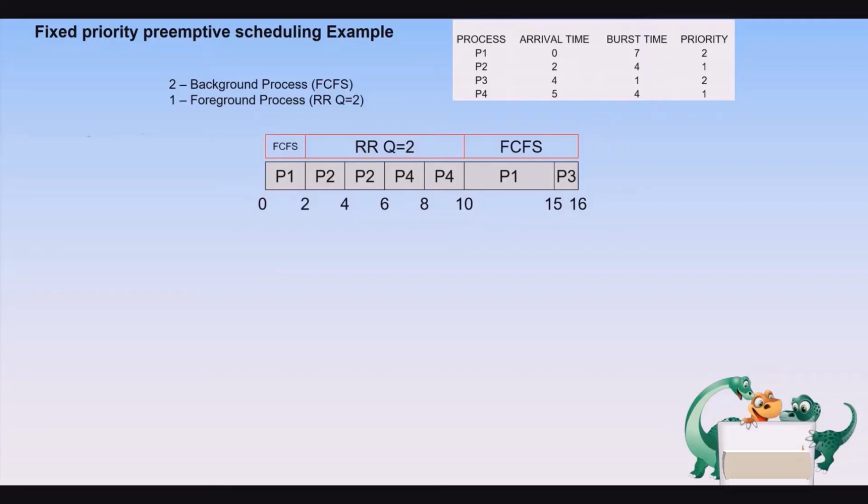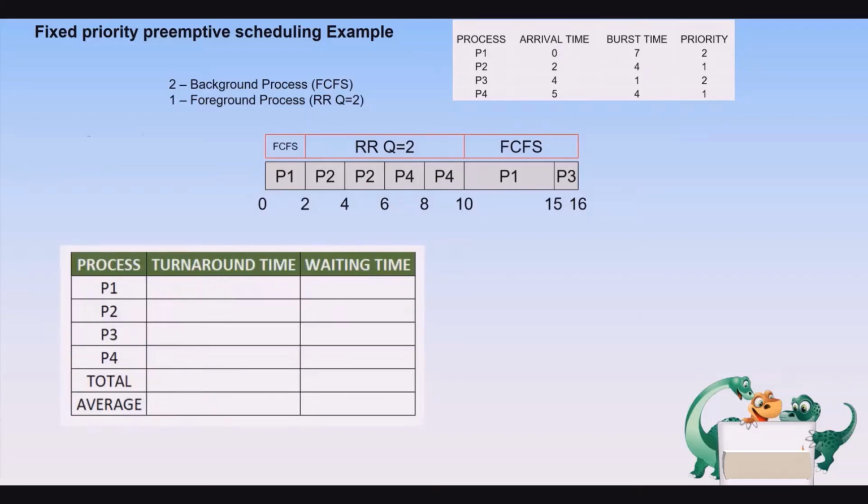Alright, so now that we have the Gantt chart, the next thing to do is to get the table. So let's get the turnaround time here. Turnaround time for process 1. Process 1 has completed at 15. So that would be 15 minus the arrival time of process 1, which is 0.